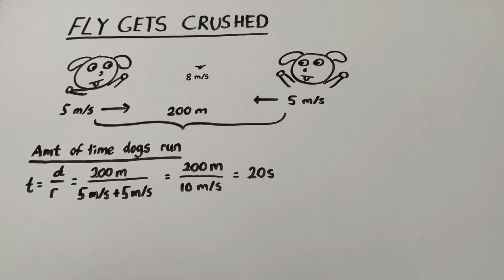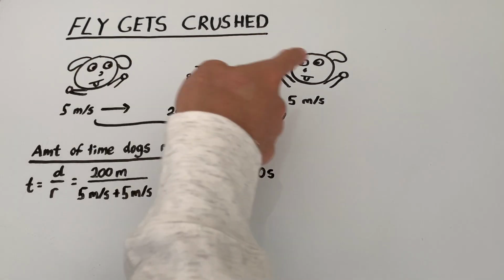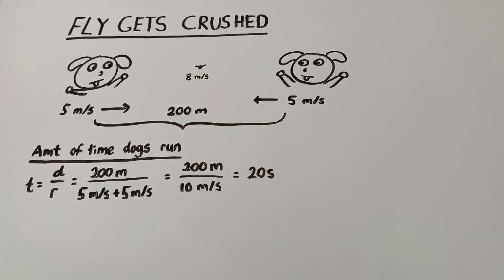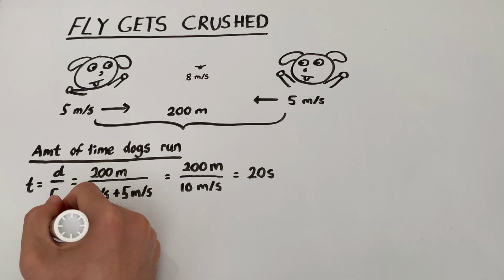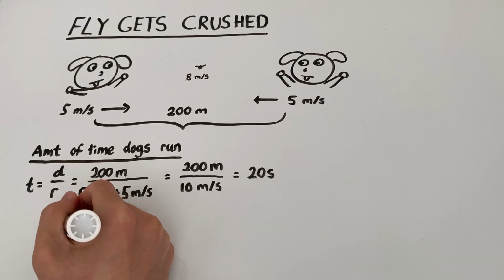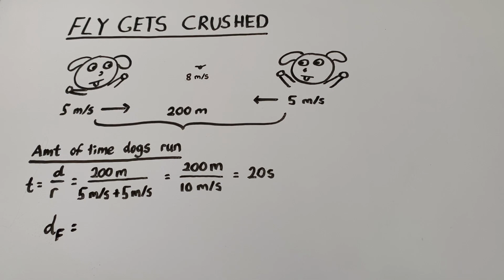Now, how does this information actually help us? Well, remember, the amount of time that the dogs spend running is the same amount of time that the fly spends flying between them. So the distance that the fly covers is equal to the rate at which it flies times the amount of time that it flies for.